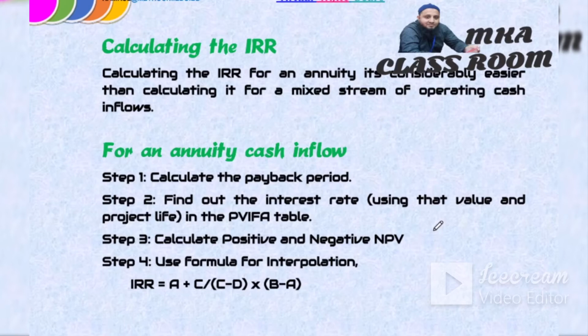So basically it is easy to calculate for an annuity project or annuity cash flows, but it is difficult for mixed stream cash flows. Sometimes problems will provide the cost of capital rate or required rate of return, then it is easy for you to calculate IRR.